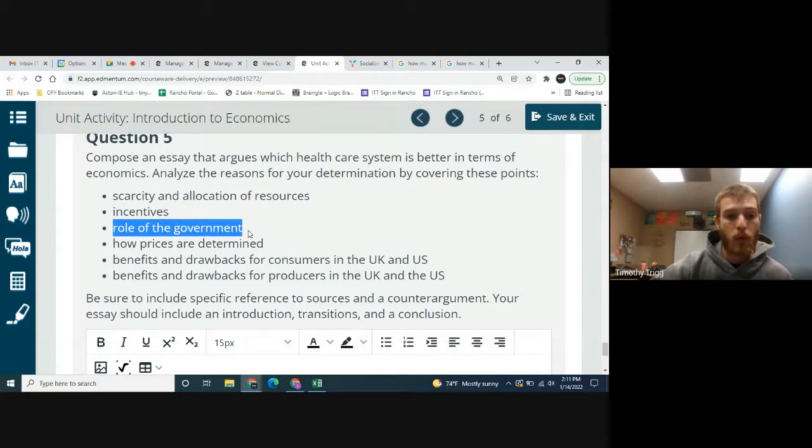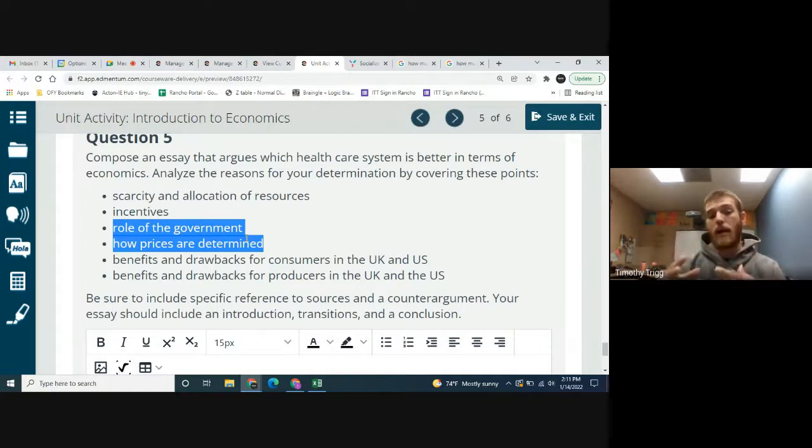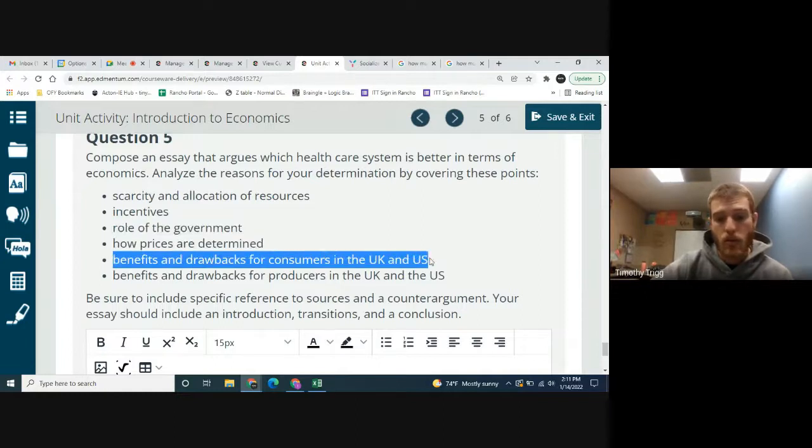Maybe connect the role of the government and how prices are determined. You can connect these maybe into 1 paragraph, okay? And again, we talked about those things already throughout this lesson. The benefits and drawbacks for consumers, again, that could be a full paragraph, okay? And you want to do a counter argument. So let's say your essay is about, you want to show that the US system is better.